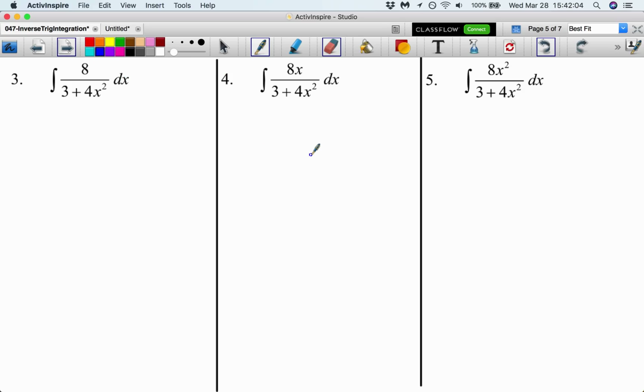All right, now I put all three of these next to each other for a purpose. And if you look at it, I think the purpose should be clear. It's because, as you might be able to see, they each look alike. This is the start of the look-alike problems. We had similar things going on with natural log before.